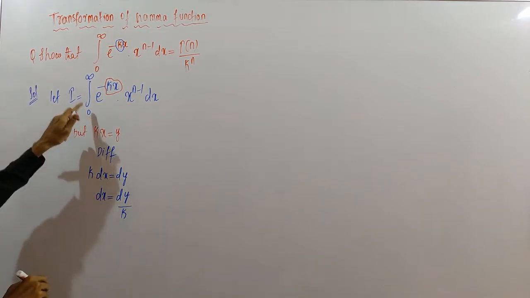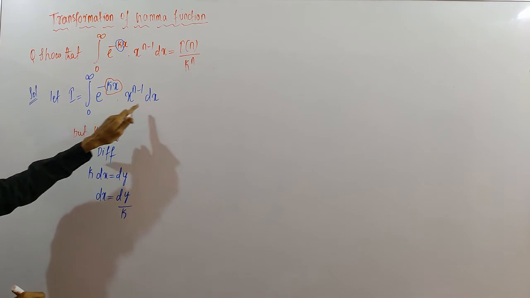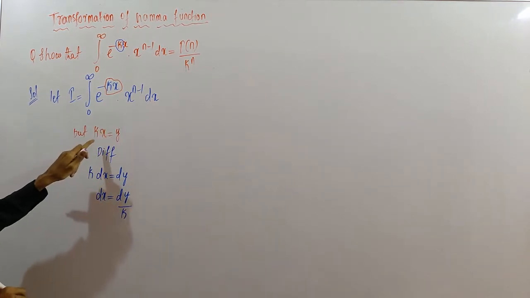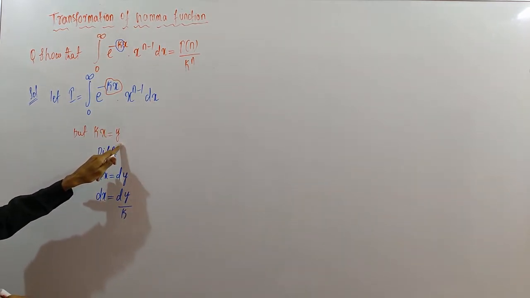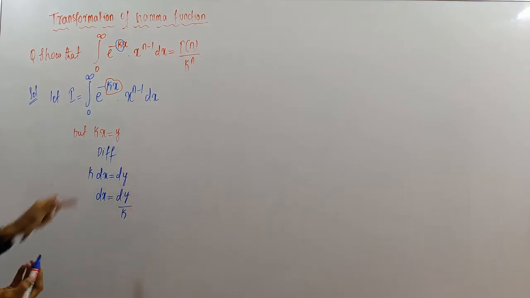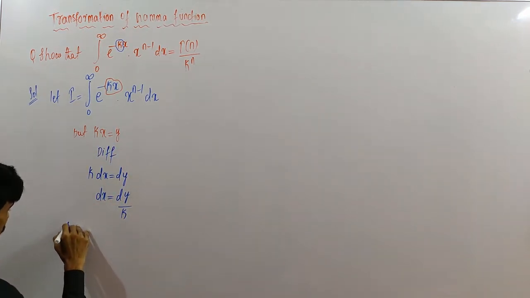Now this limit 0 to infinity exists for variable x. Now we made substitution kx as y. So new limits are required for this dummy variable y. New limits.